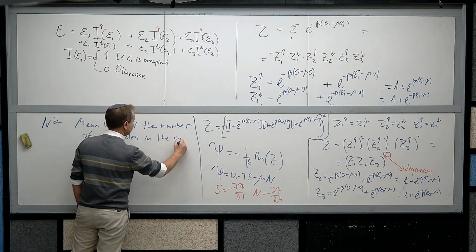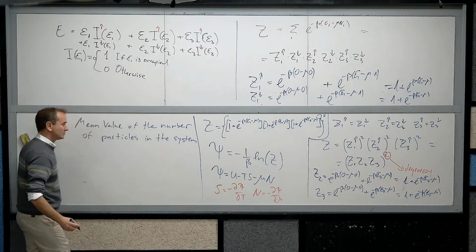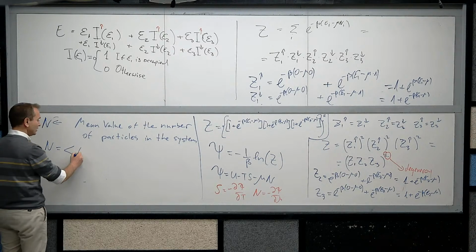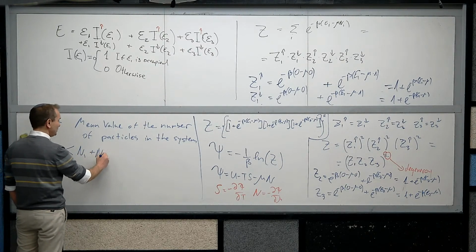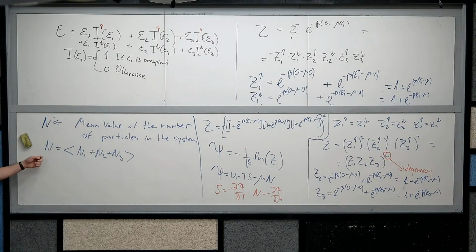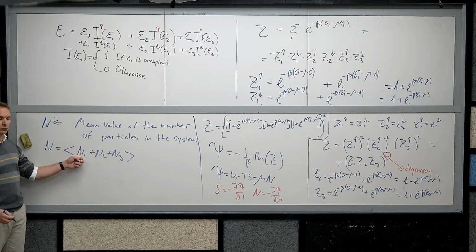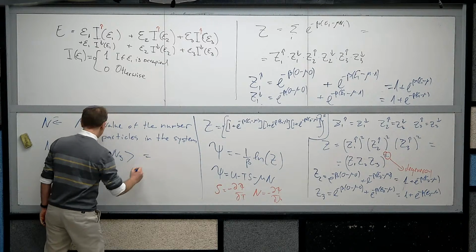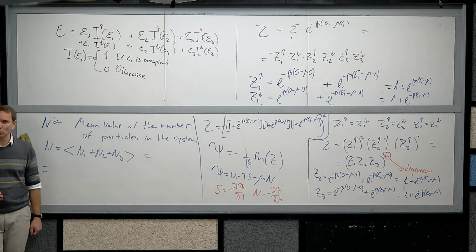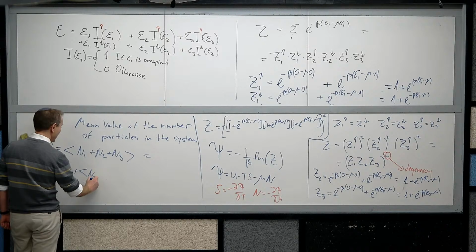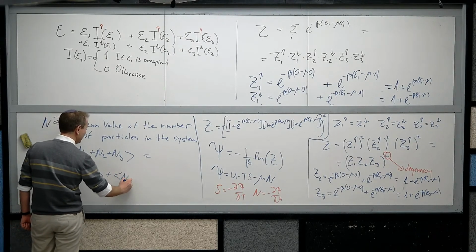All right, so what is N? It's an average of n1 plus n2 plus n3, because the average number of particles is the number of particles at state 1, number of particles at state 2, and number of particles at state 3. The average of a sum is always the sum of the averages. So it is n1 average plus n2 average plus n3 average.